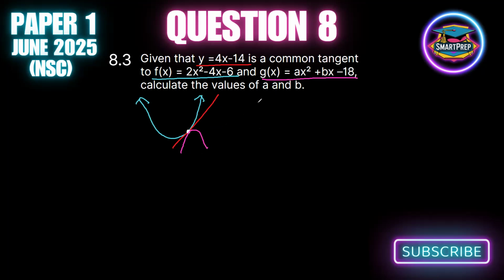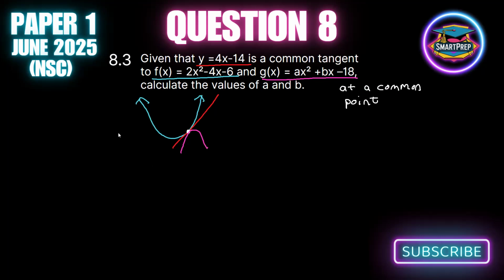So what this question should have said is, given that y equals 4x minus 14 is a common tangent to f of x and g of x equals ax squared plus bx minus 18 at the same point, or at a common point, right? And if we do that, we will not get multiple answers for a and b. Okay, so they needed to say at a common point. Now we have a common point. It's something that we can actually solve. So let's go ahead and do that.